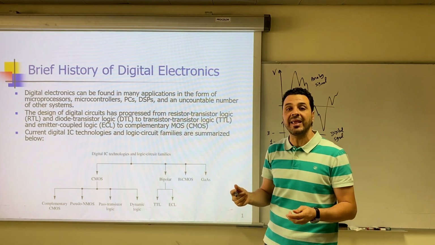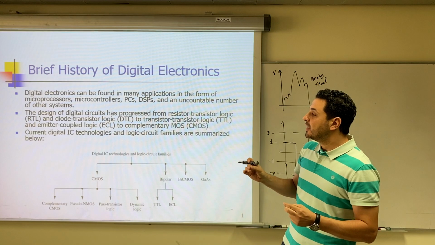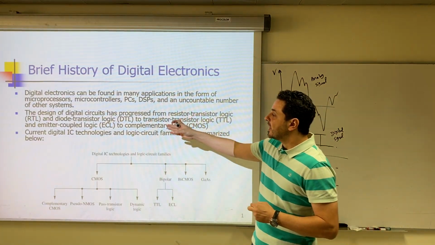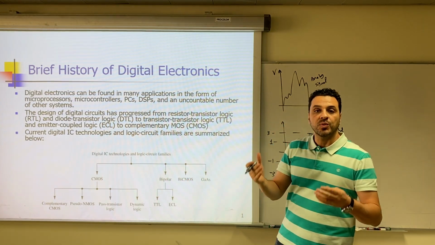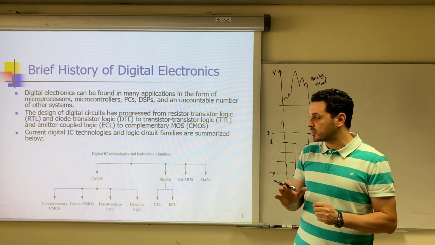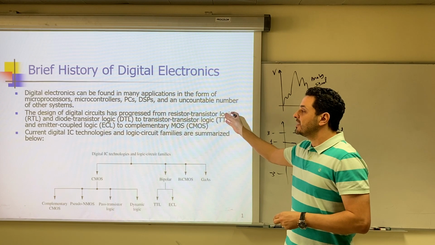It's a kind of logic family that was based on resistors and transistors. And then diode-transistor logic, DTL, appeared, which were circuits based on diodes and transistors. And then we moved to transistor-transistor logic, TTL.